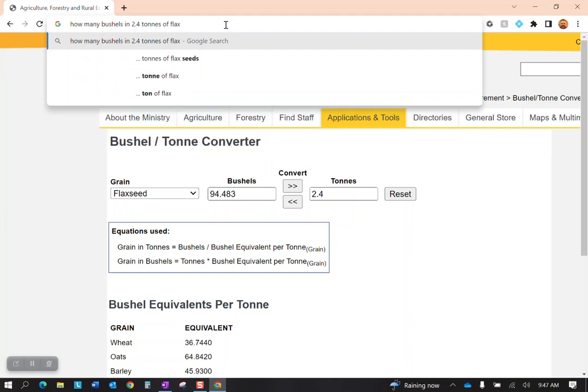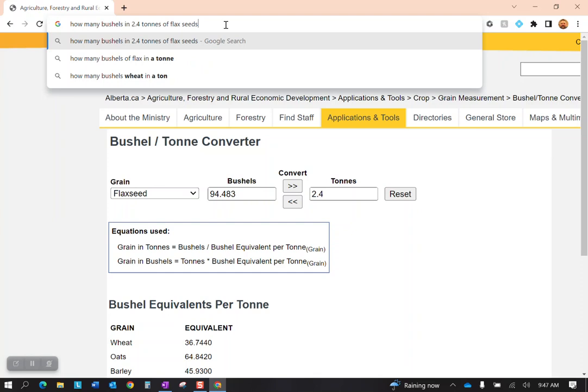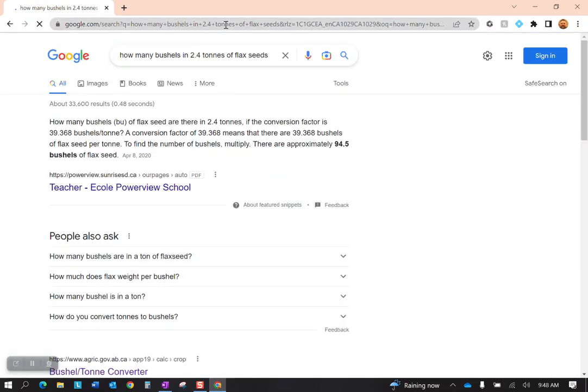Okay, and since seeds came up, I would probably just put down seeds as well. Okay, and approximately 94.5 bushels of flaxseed. So either find a specific converter, that's a tough one, or you can Google it. Okay, your choice on that.